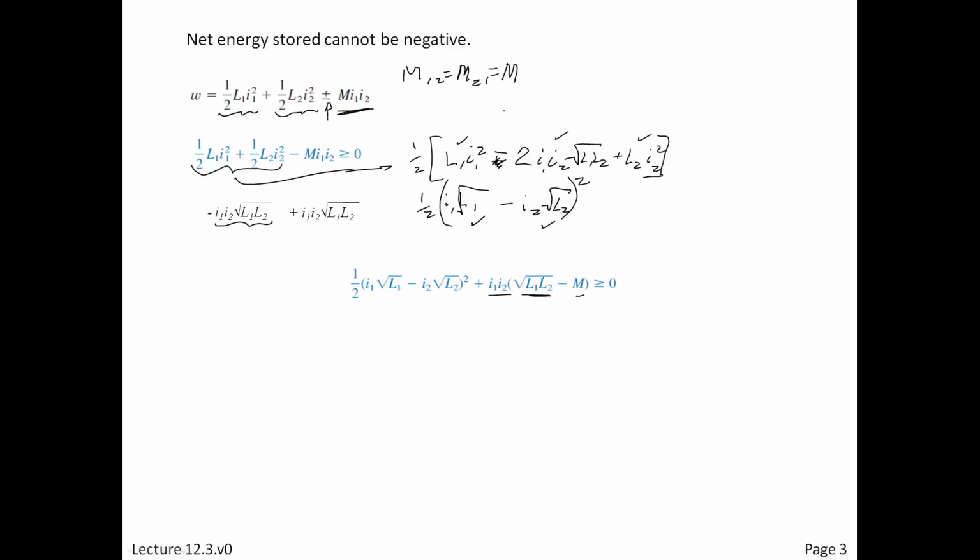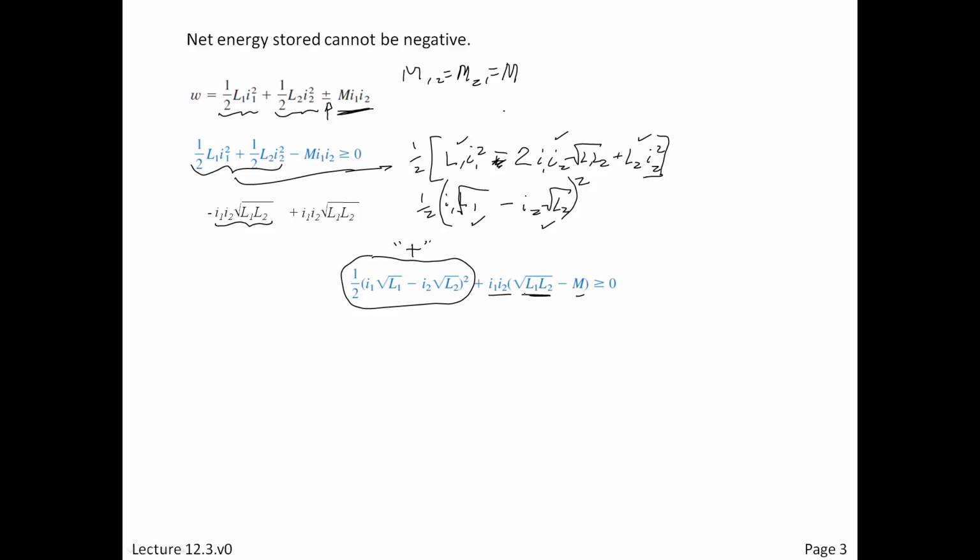And what I can observe, the whole reason we did this, completing the square, was we created a square so that no matter what the values of I1 and I2 are or anything else, this is always positive. Okay? So that is never going to drive us to be negative.